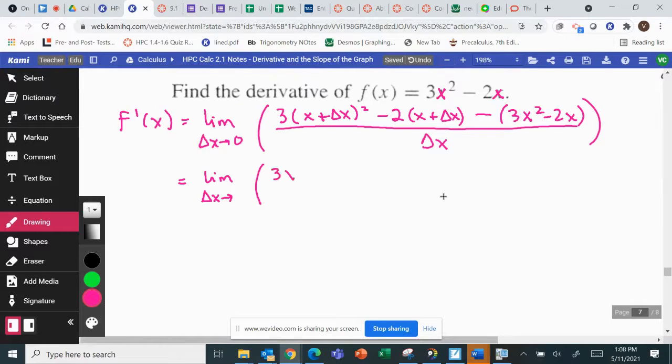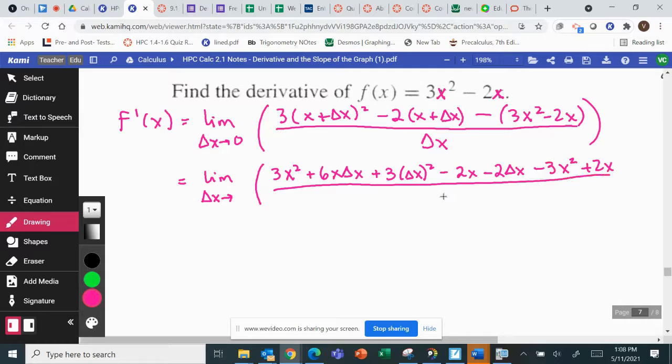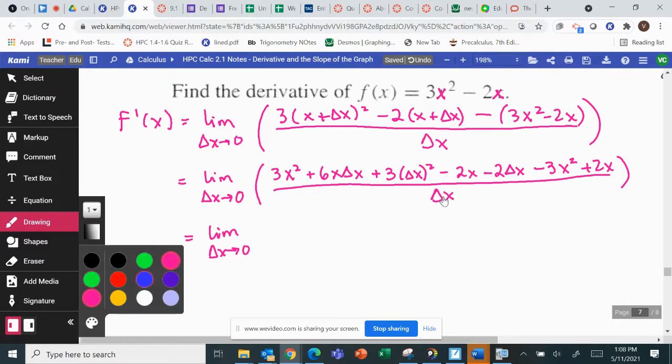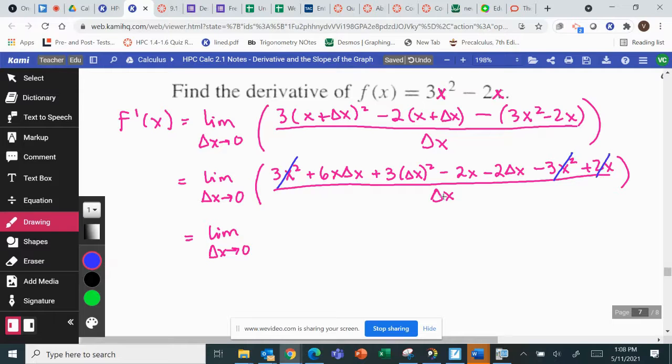So I'm going to have 3x squared plus 6x delta x plus 3 delta x squared minus 2x minus 2 delta x minus 3x squared plus 2x over delta x. Looking through there, I'm going to find some terms that will cancel out. That's going to happen every single time.